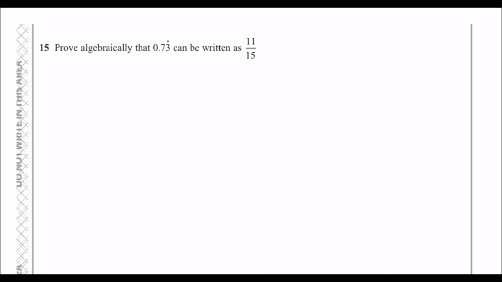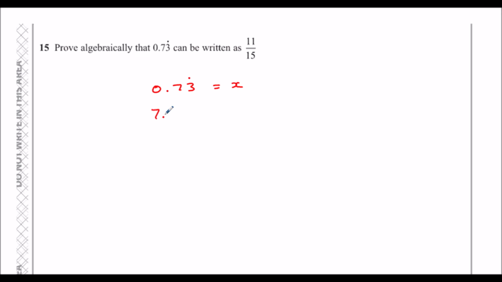Question 15. Prove algebraically that 0.73 recurring can be written as 11/15. So we'll call 0.73 recurring x. We want two things that end in 3 recurring.